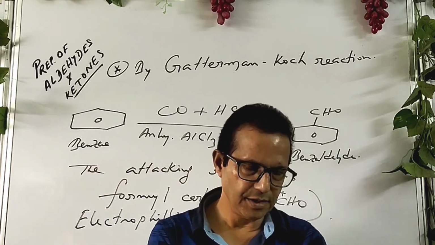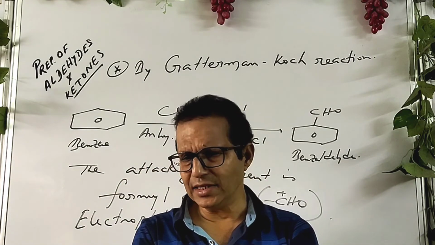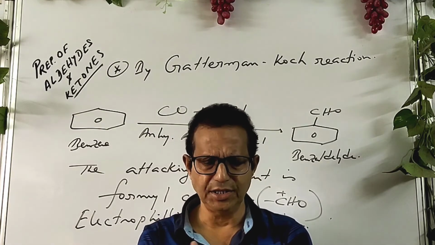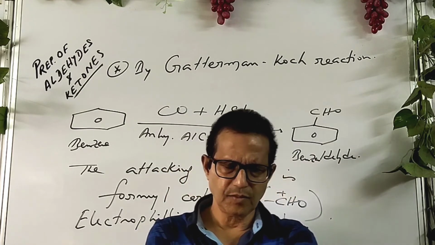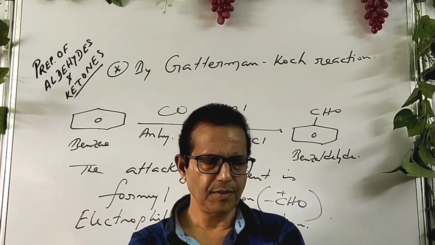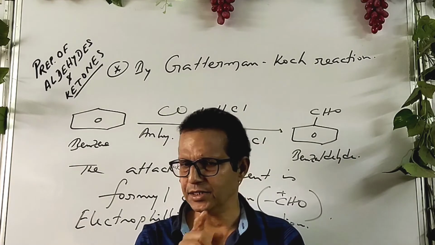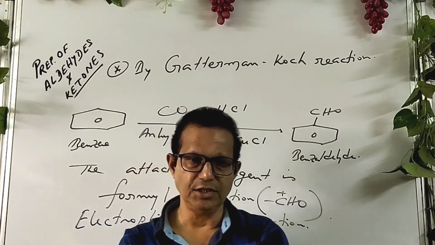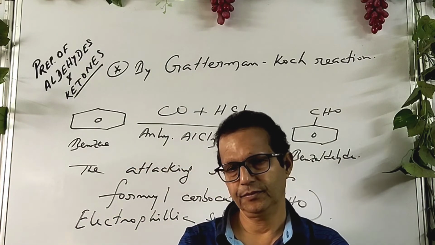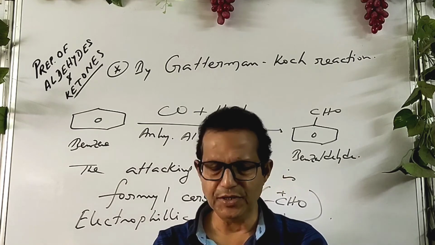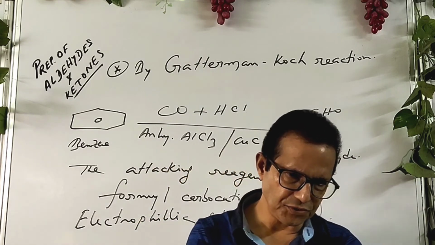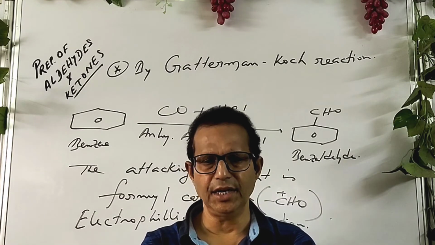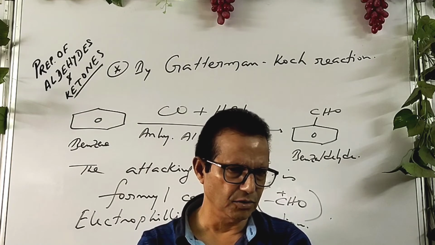So listen, when acetyl chloride, CH3COCl, or benzoyl chloride, benzene having COCl, reacts with Grignard reagent followed by acid hydrolysis, we get ketone. But do you know what is the problem of this reaction? The ketone which is formed undergoes further reaction with Grignard reagent and we get the final product, tertiary alcohol.